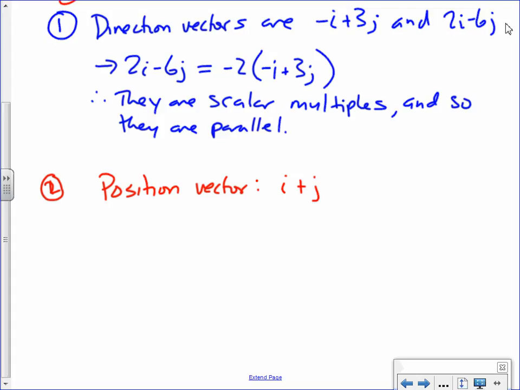Okay, so an equation for a parallel line through 1, 1 is, you could pick either one of the r's, because those lines are parallel, so pick one of them.